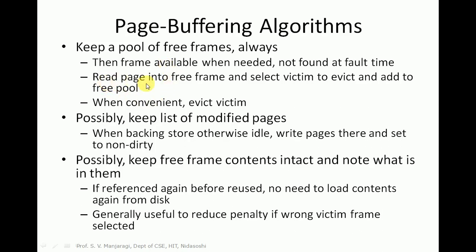It means read a page into a free frame, select a victim and add it to the free pool. In this we need to maintain a list of modified pages. If a particular page has been modified, we need to bring that page from memory to the disk. That is how we go for the replacement.